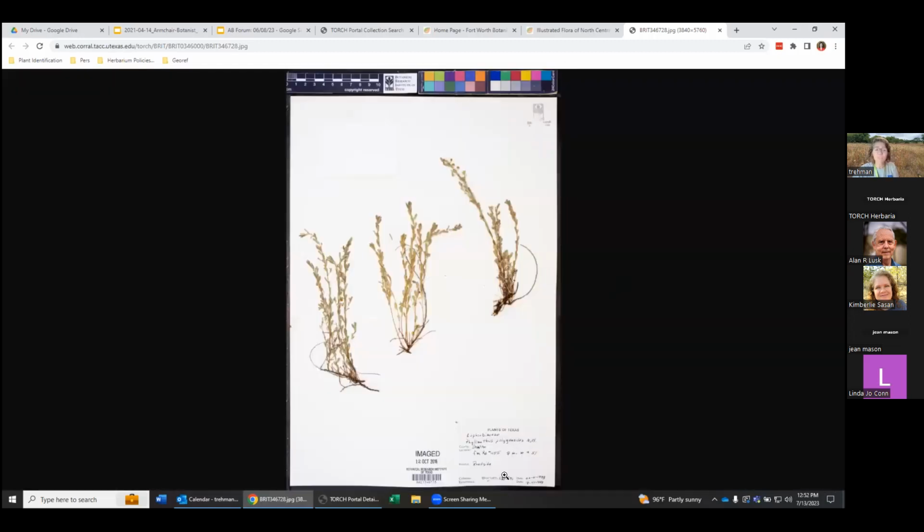So I always compare to herbarium specimens. You'll notice that this has one label down here. Often I trust herbarium specimens that have additional small labels with updates and names on them, because anybody could have collected this specimen.